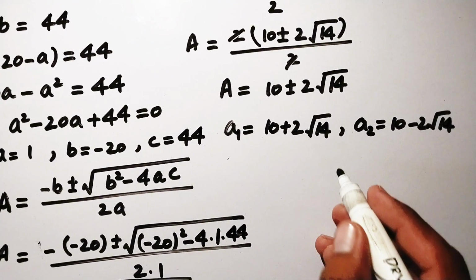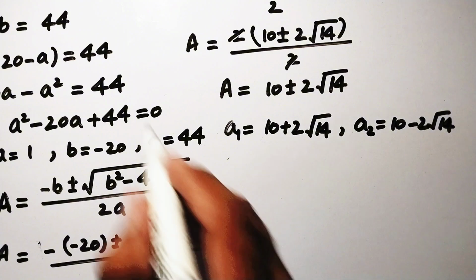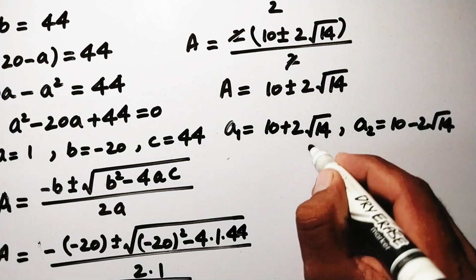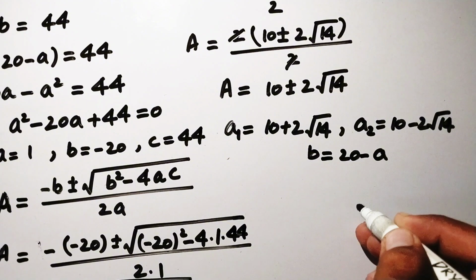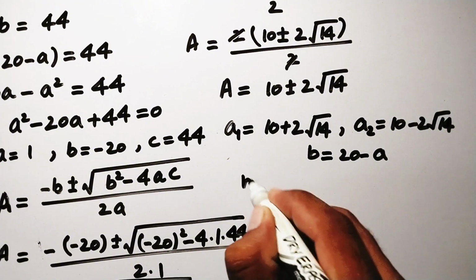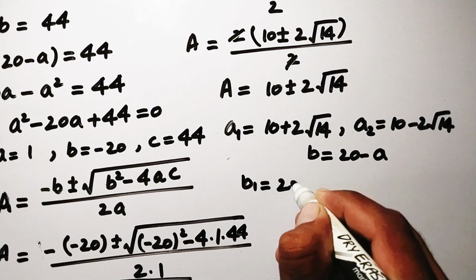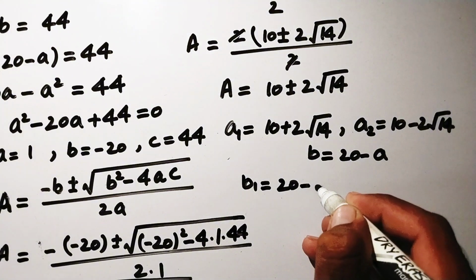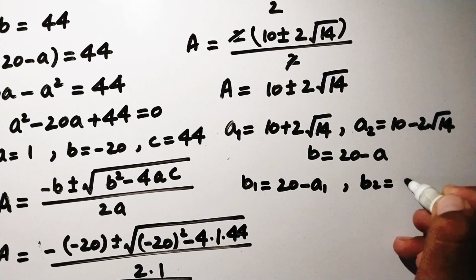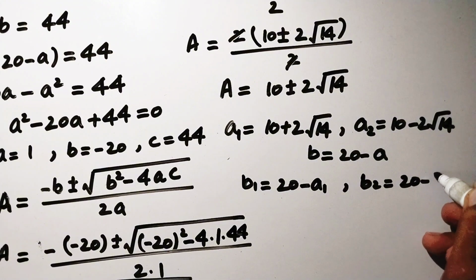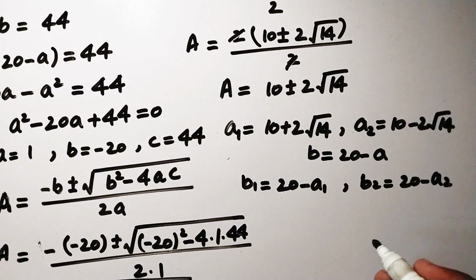So now to find the values of b, we will take equation number 3, that is b equal to 20 minus a. So here b1 will be equal to 20 minus a1 and b2 will be equal to 20 minus a2.